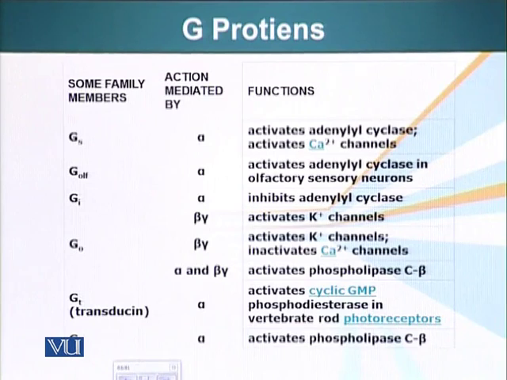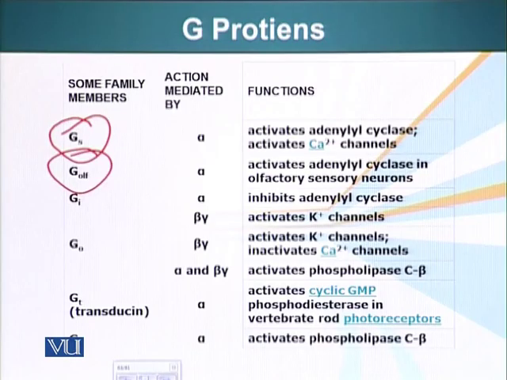I would like to recap again some of the G proteins we have talked about. Gs is the stimulatory G protein which activates adenylyl cyclase once it interacts with the receptor which has been bound to its ligand. G olf, this is the G protein which is present in the neurons of our nose. Gi is the inhibitory G protein which inhibits the function of adenylyl cyclase.